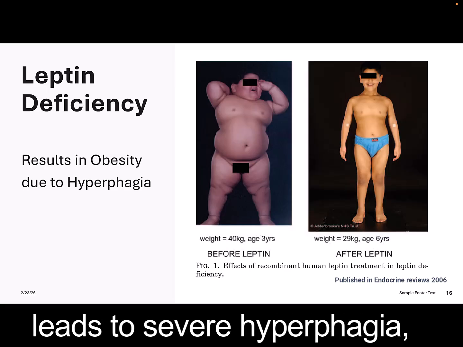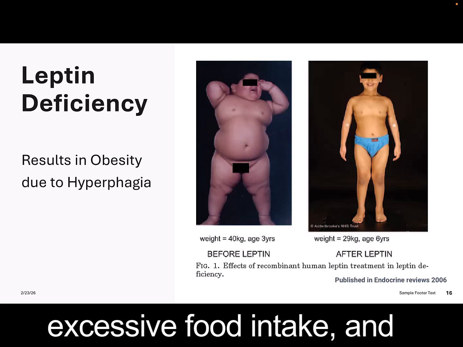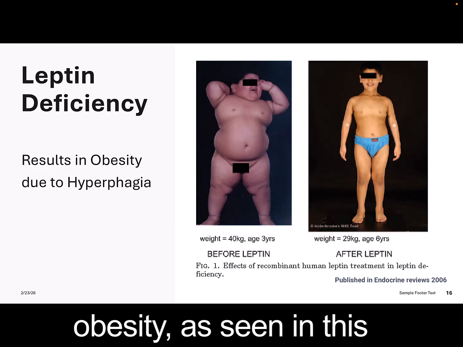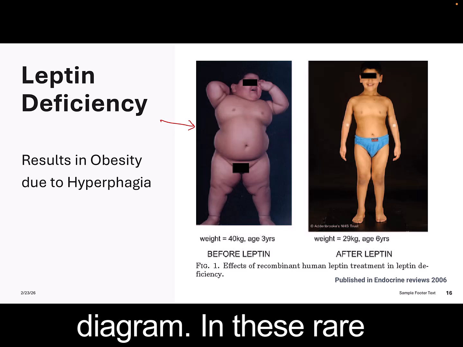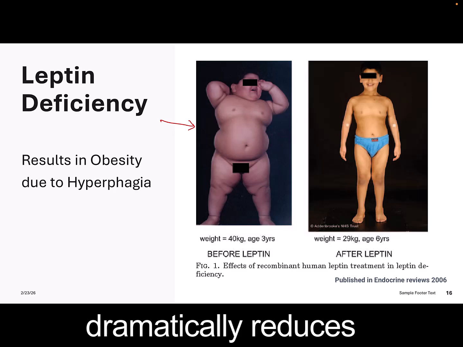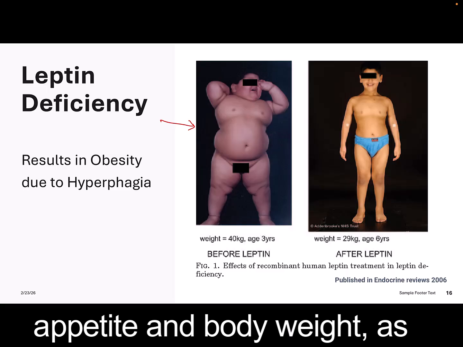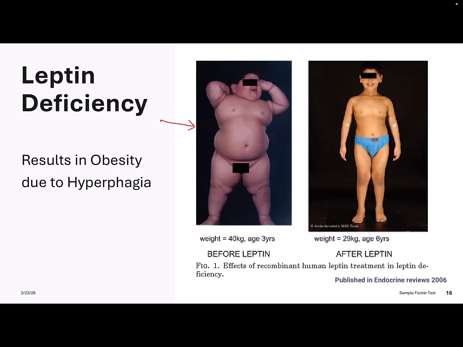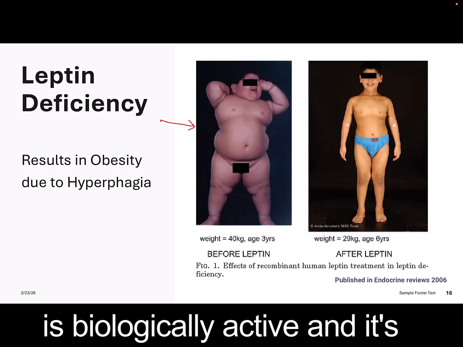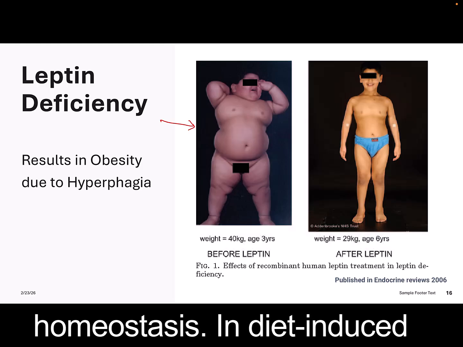This leads to severe hyperphagia, excessive food intake, and profound early onset obesity, as seen in this diagram. In these rare cases, treatment with recombinant leptin dramatically reduces appetite and body weight, as shown here. This demonstrates that leptin is biologically active and critical for energy homeostasis.